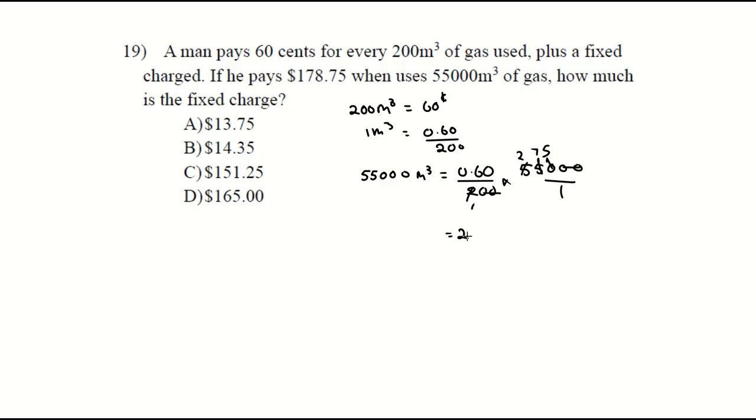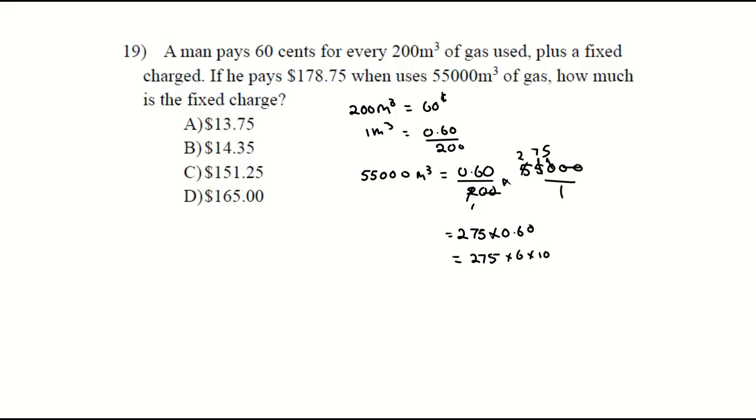So now this is going to be 275 multiplied by 0.60. Again, when you're multiplying decimals, you just remove your decimal point and multiply. So it'll be 275 multiplied by 60. When you are doing this, don't try to do it all at once. Think about it like this: 275 multiplied by 6 multiplied by 10. That makes it much easier.